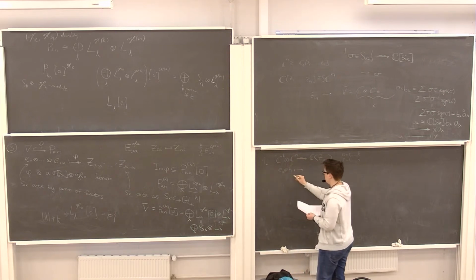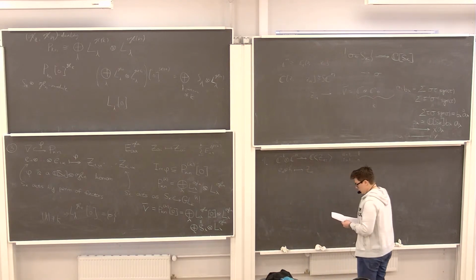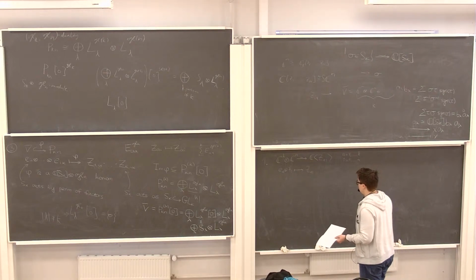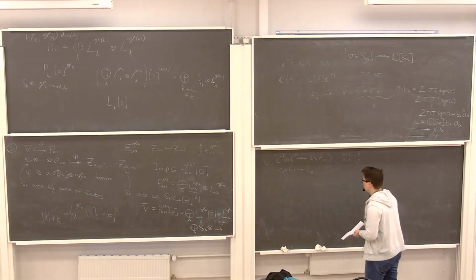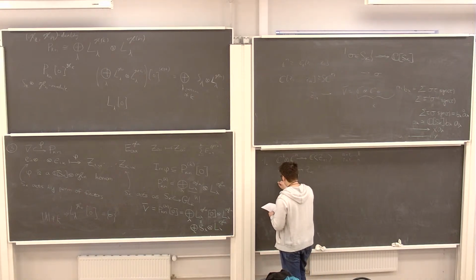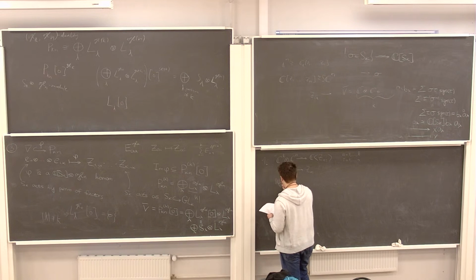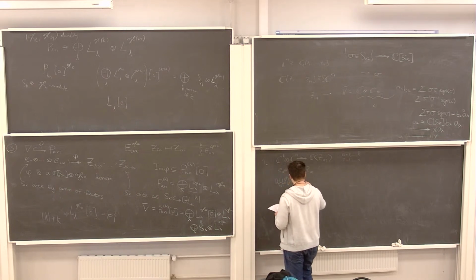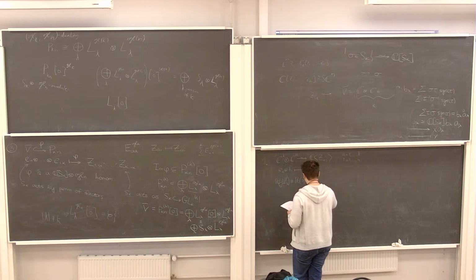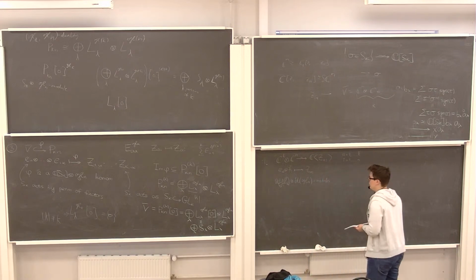It sends this basis vector to Z_{aI}. Moreover, it's not just an isomorphism of vector spaces, it's an isomorphism of U(GL_k) tensor U(GL_n) modules. It's very easy to check.